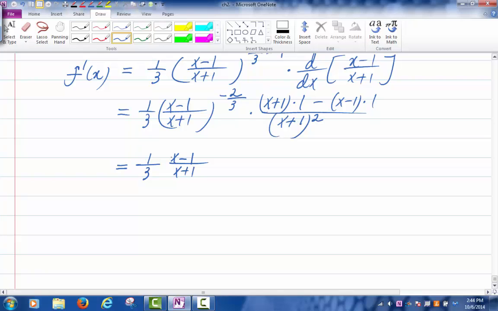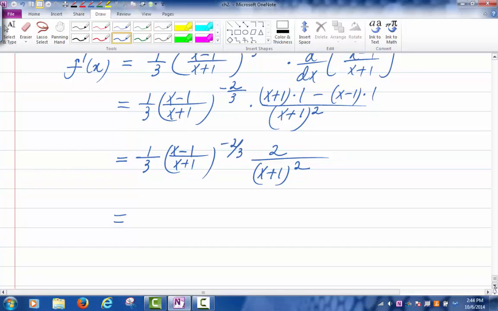So here's negative 2/3, and then when you simplify it out here, what do you get? I guess 2 over x plus 1 squared, right? Of course, if you want, you can also do what?